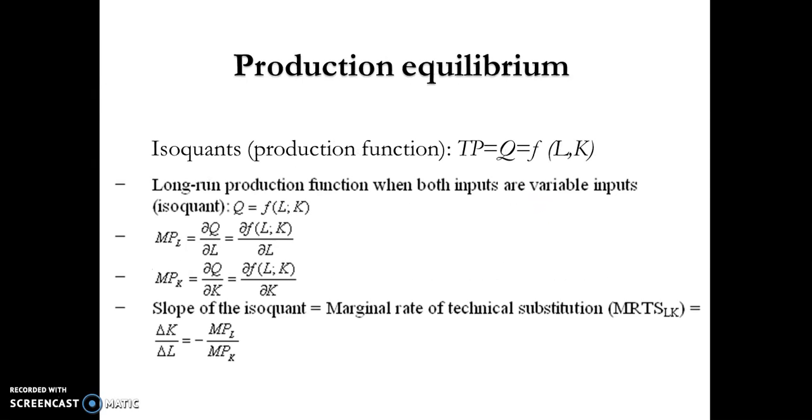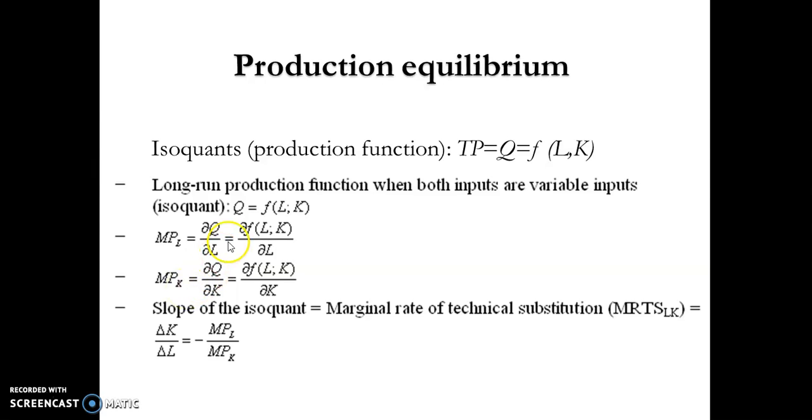Now, in the long run, you would recall that both inputs are variable. So capital is also variable. Since production is a function of two variables, labor and capital, we have partial derivatives. The partial derivative of output with respect to capital gives the rate of change of output with respect to capital, and we can call that the marginal product of capital.